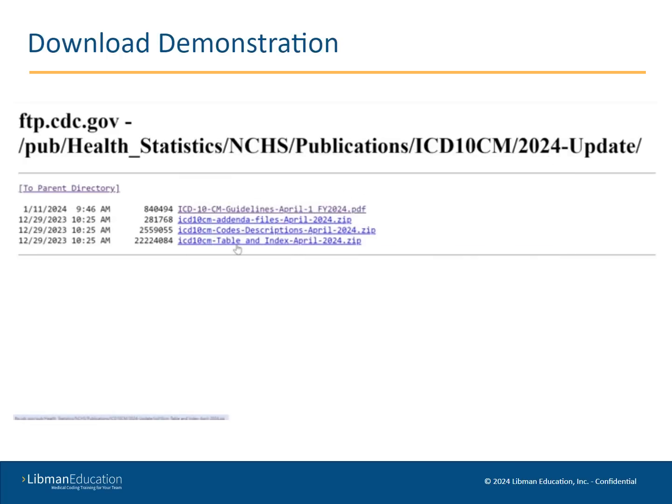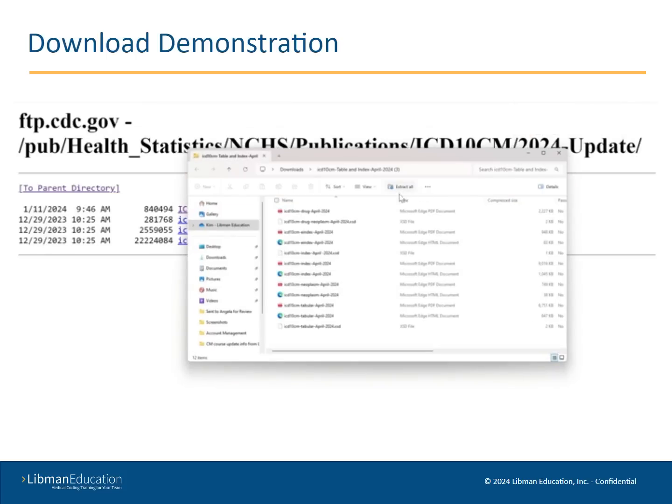and go back to our original list, and we're going to now click on the table and index, which again is going to open a zip file. The only files that we're interested in are these PDF files, but again, already knowing what we know, there are no changes in the drug, the external cause index, and the neoplasm. So we're going to download the index as well as the tabular.